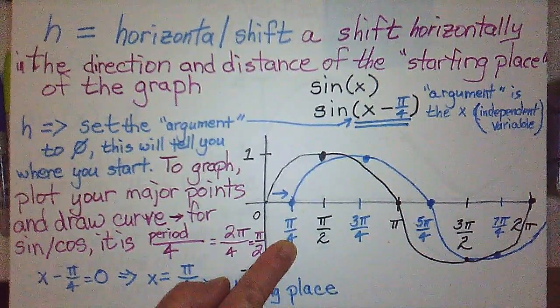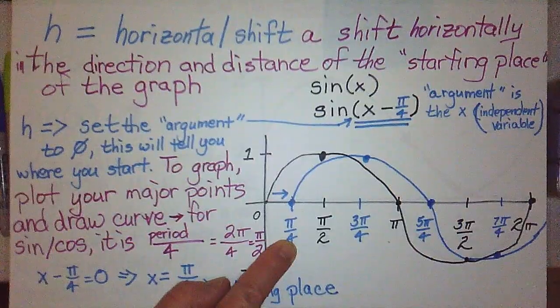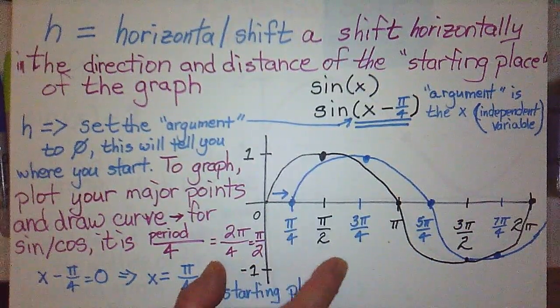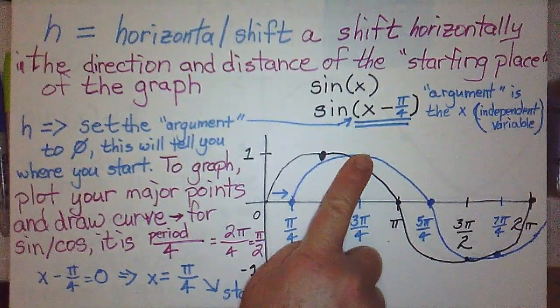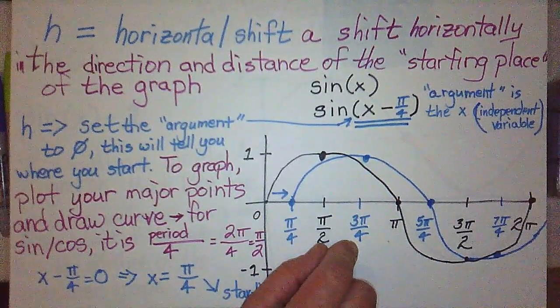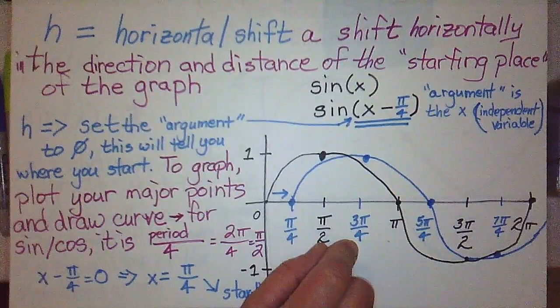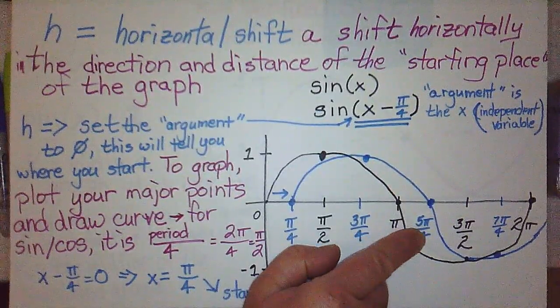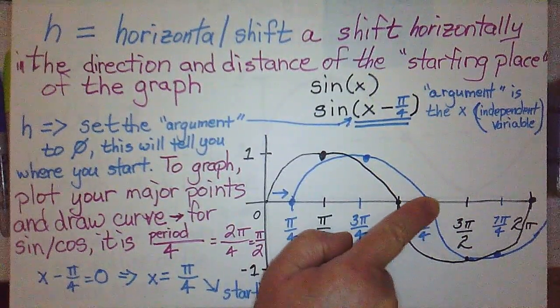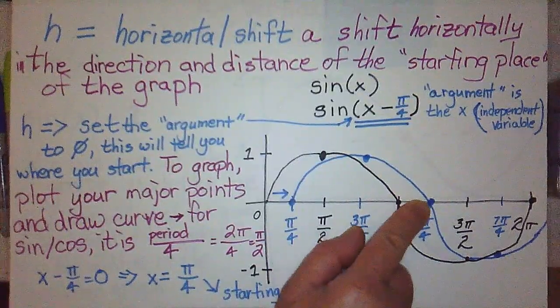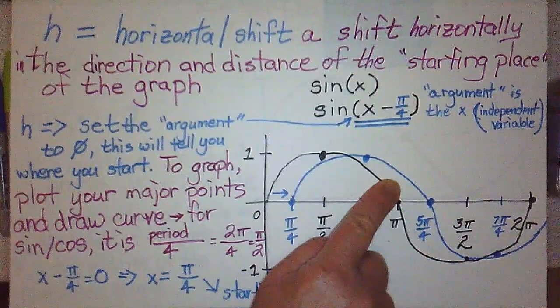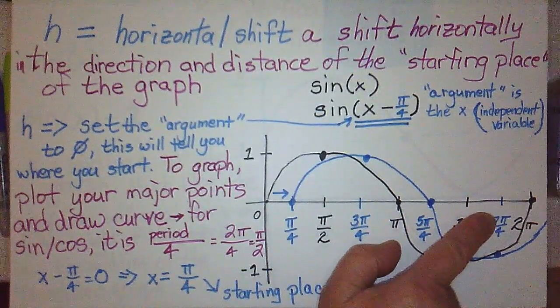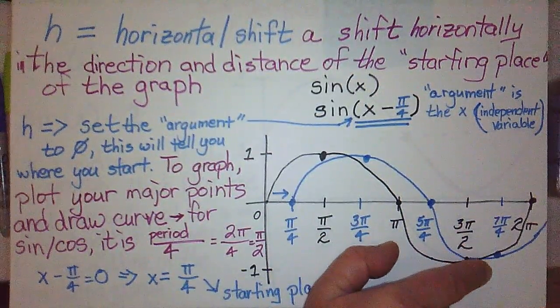If I add 2 pi fourths, which is pi halves, I get 3 pi fourths. That's my high spot. Let's add another 2 pi fourths. I end up with 5 pi fourths as a 0. And then let's add another 2 pi fourths. That gives me 7 pi fourths.